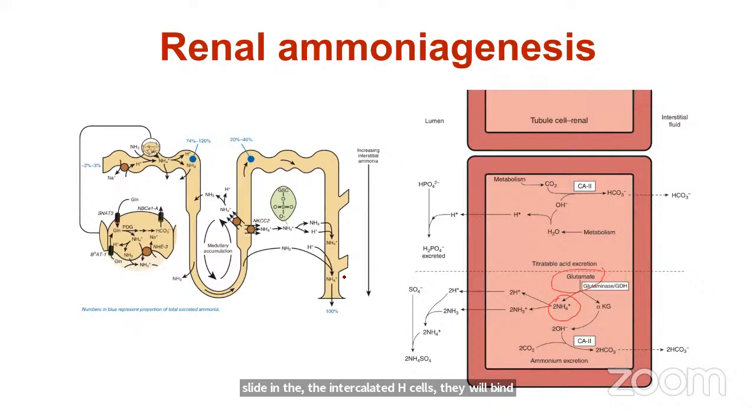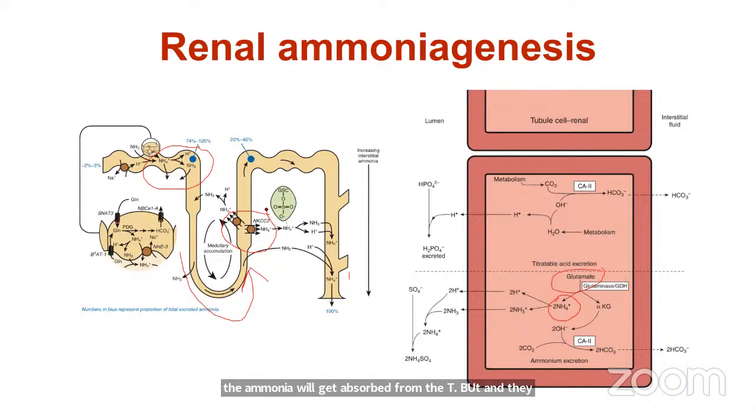So in proximal convoluted tubules, there will be production of ammonia in the lumen. That ammonia will come into the loop of Henle, and in the ascending loop of Henle, there is the sodium potassium 2 chloride channel, that is the NKCC channel, where the ammonia will get absorbed from the tubules, and they will come to the interstitium.